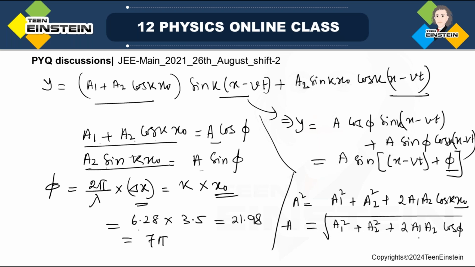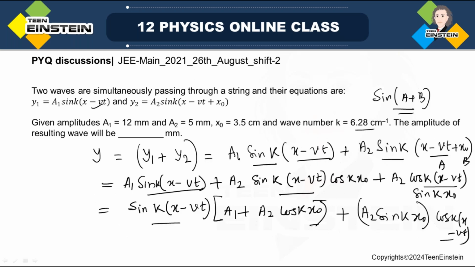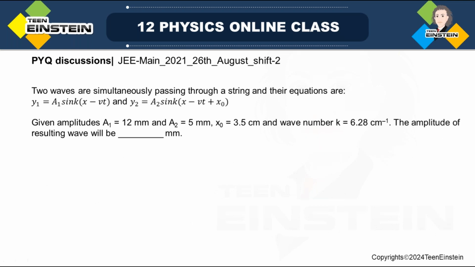So I have got this equation. You look here, a1 square plus a2 square plus 2a1 a2 cos of phi. So here this will be minus, see, cos 7 pi means minus 1, right? So A is actually going to be the square root of a1 minus a2 whole square.